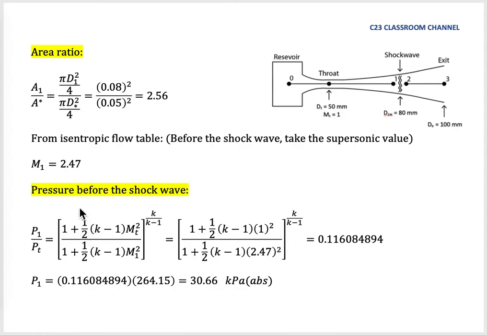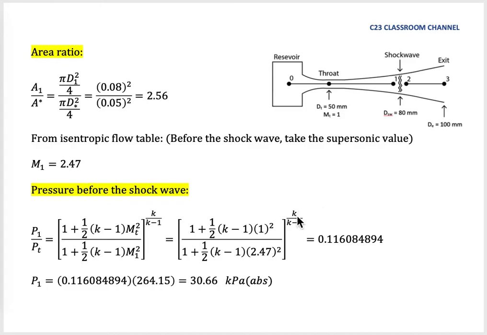We also could calculate the pressure before the shock wave by using the isentropic flow equation of P1 over Pt like this. I hope you still remember this equation. So we substitute the value of Mach number at the throat equal to 1 and Mach number at point 1 equal to 2.47 as we calculated previously.